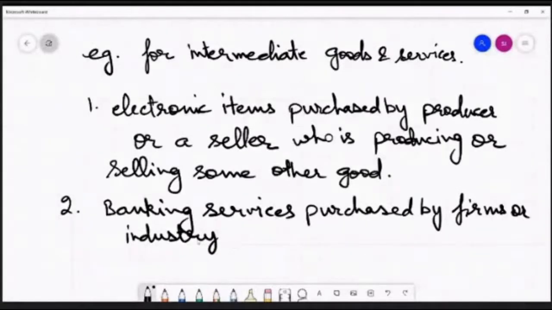But when banking services are purchased by firms or industry or say university, so for university, when you will calculate the GDP from the university, then this intermediate good, that is electricity consumption or the various types of equipments which they take, so that can be classified as intermediate goods and services because they are not directly consumed by the consumer.